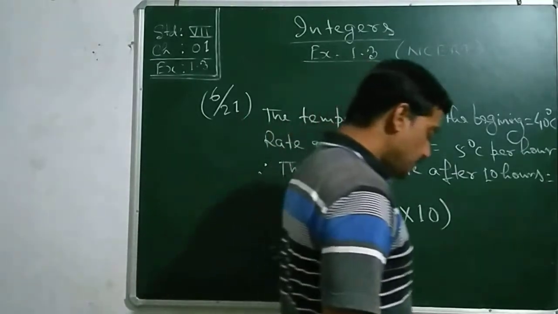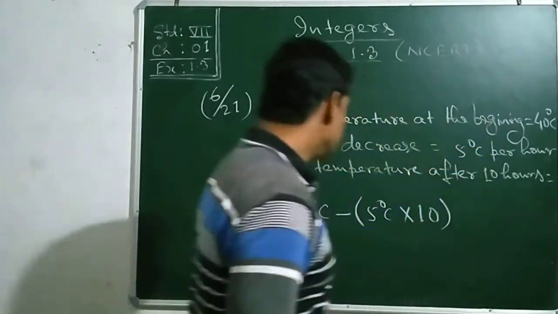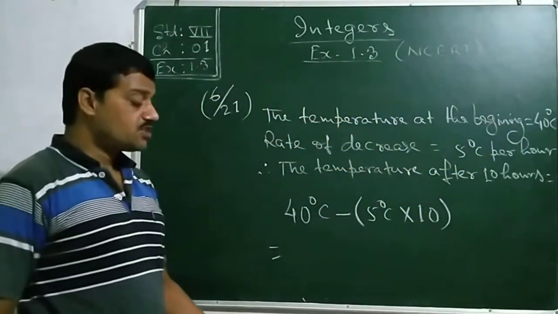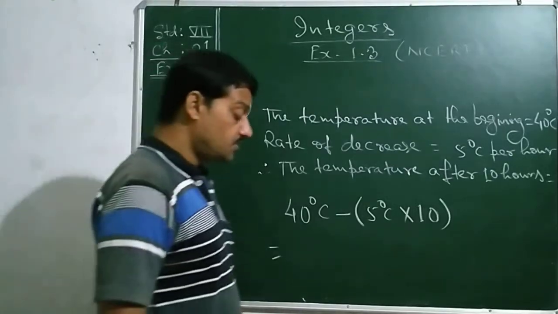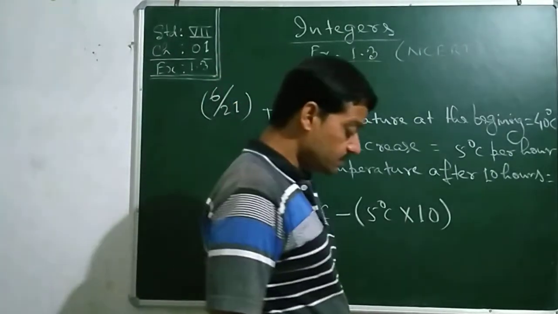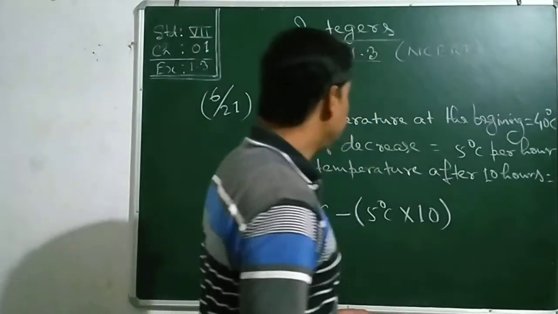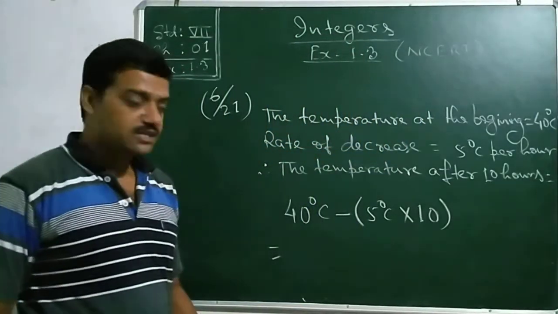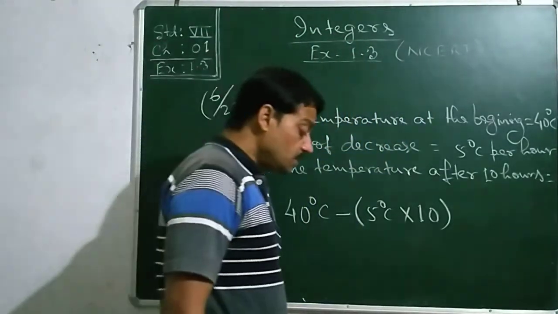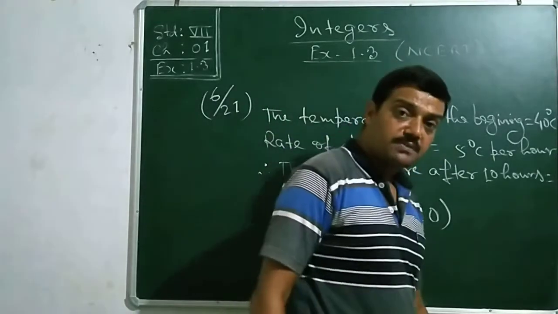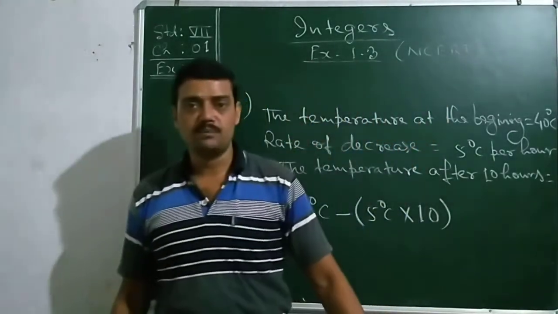Come to the next sum, that is 7 number. In a class test, 10 questions were asked. 5 marks were awarded for the correct answers and minus 2 marks was given for the wrong answer.